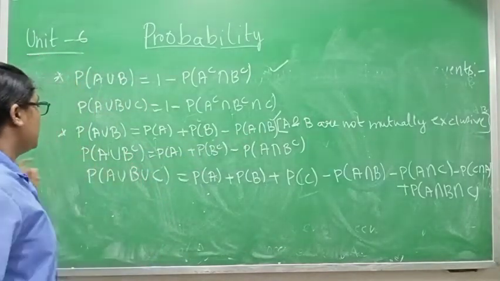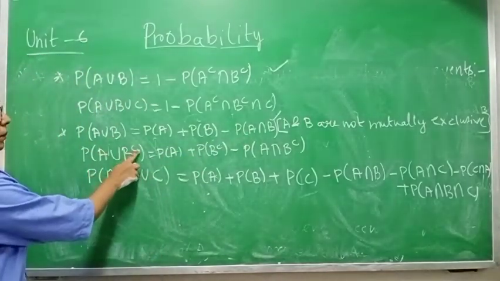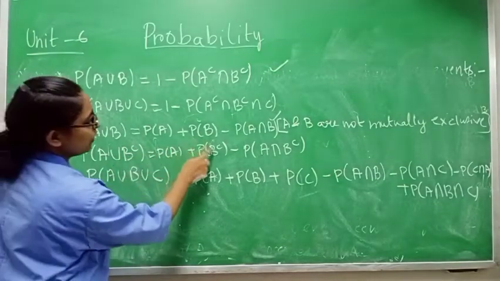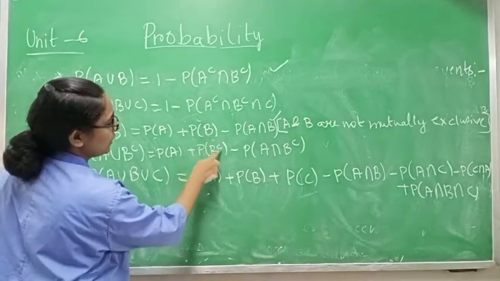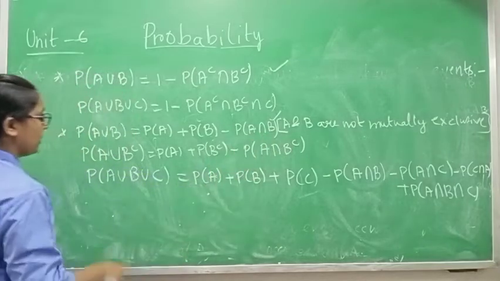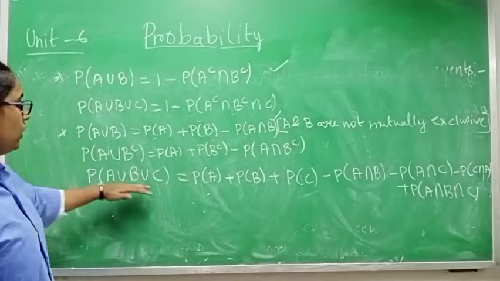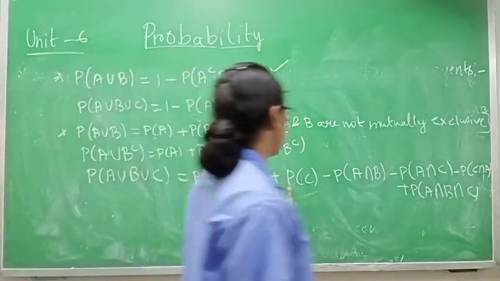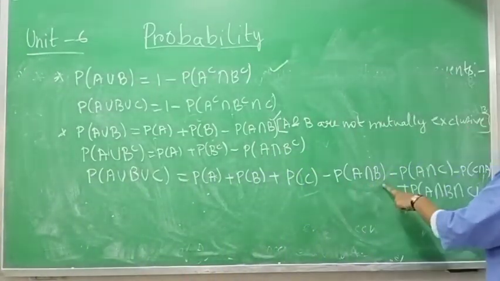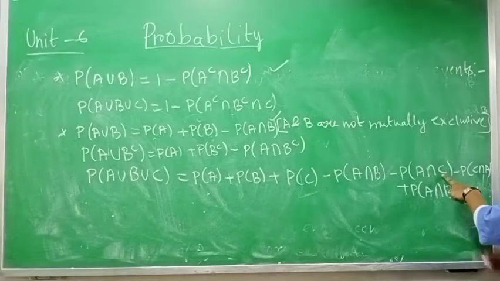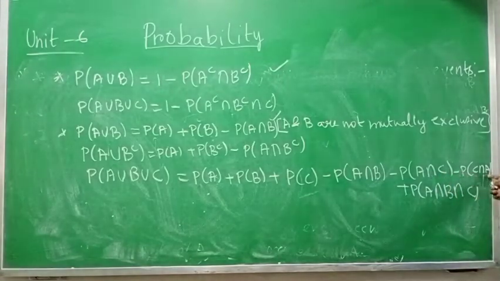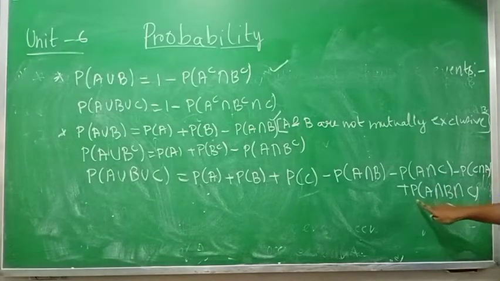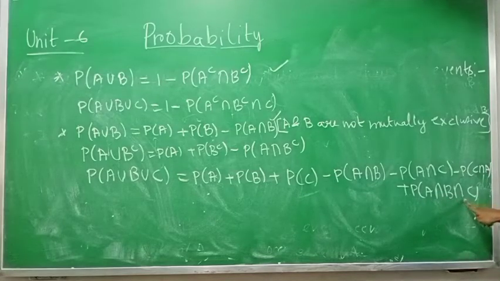Now, if in place of B it is B complement, what will happen? Nothing will change. Wherever we have B here, now I will write B complement. Same with three events: P(A) plus P(B) plus P(C) minus P(A intersection B) minus P(A intersection C) minus P(C intersection A) plus P(A intersection B intersection C). Okay, copy this one.